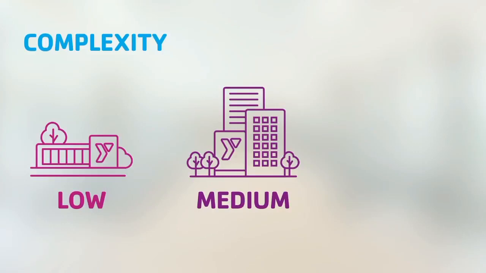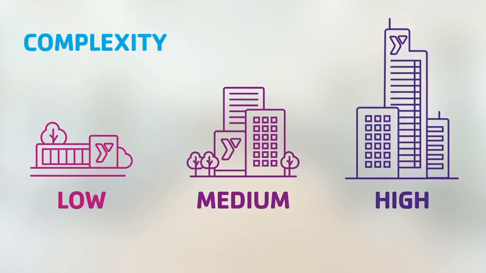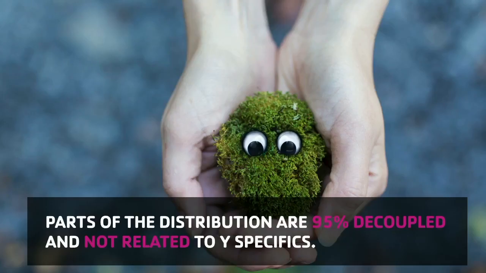They need a few more content types and a few more features, maybe integration with Free Exercises, and that's it. And the complexity of a large YMCA is pretty high. They just need everything: integration with every single third-party service, all content types, all media features, and so on. And we are happy to say that parts of the distribution are decoupled enough, so they are not related to Y specifics at all.